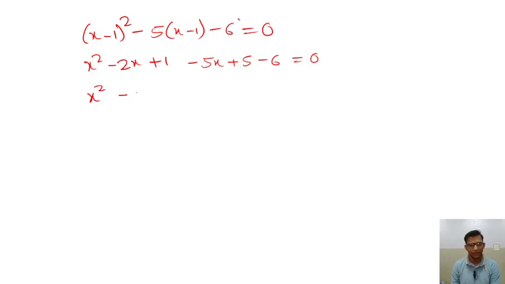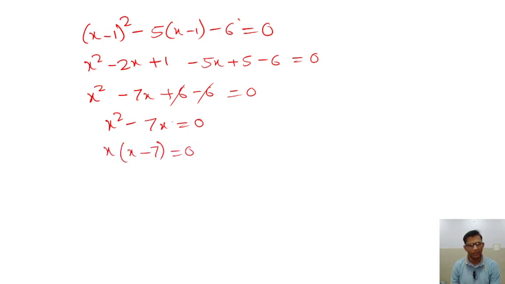So minus 2 minus 5 becomes minus 7x, and 1 plus 5 becomes 6 and minus 6. So these two terms will cancel out and you'll get x square minus 7x equal to 0. Now take x as the common term, and you get x minus 7 as another factor. Put these two factors equal to 0 separately. You'll get x equal to 0 as one root and x equal to 7 as another.